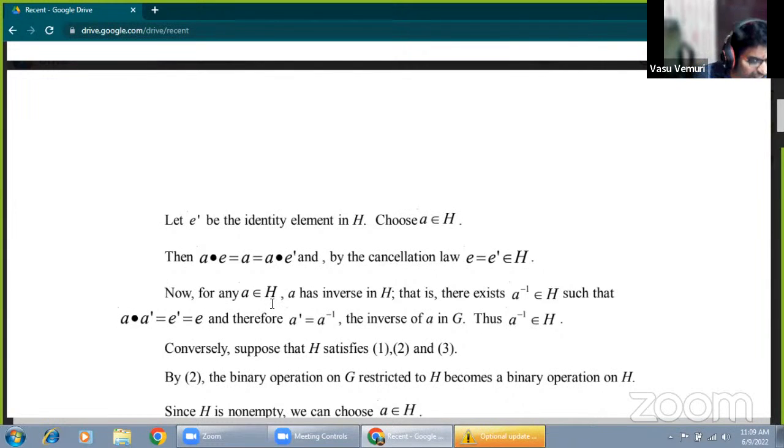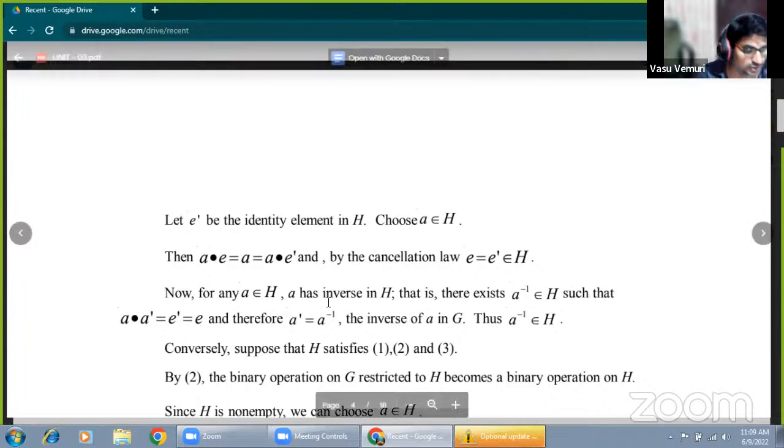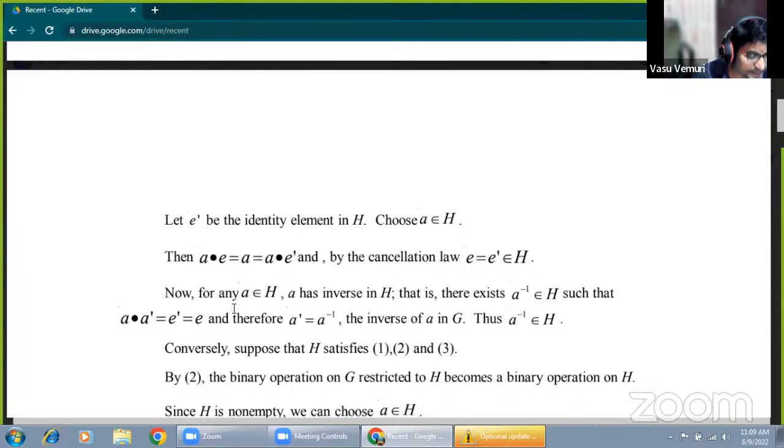Alright, for any A belongs to H, what is the inverse of A? A into A inverse equals E. That is the inverse example, G4. Now, the identity is also the inverse element; it depends upon the identity with respect to the same binary operation.